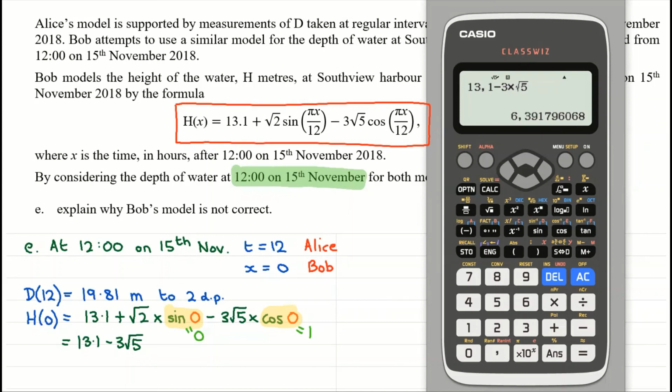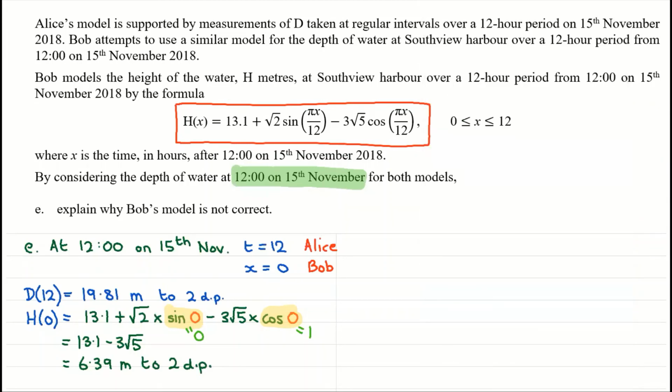Well, we get 6.39. So this is equal to 6.39 meters to 2 decimal places.